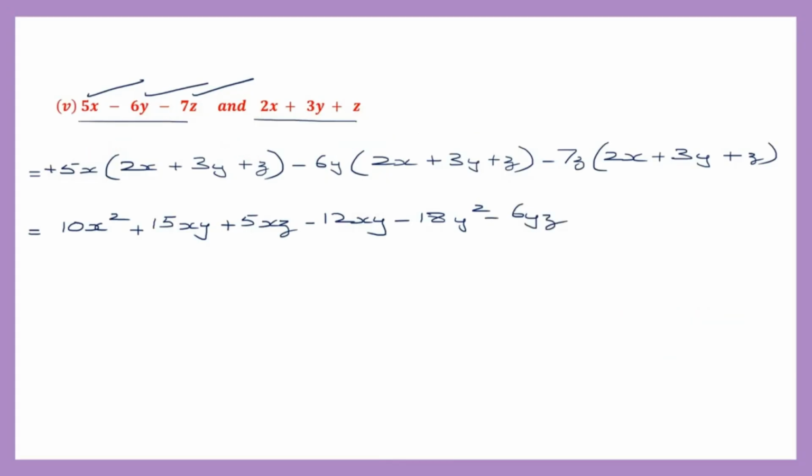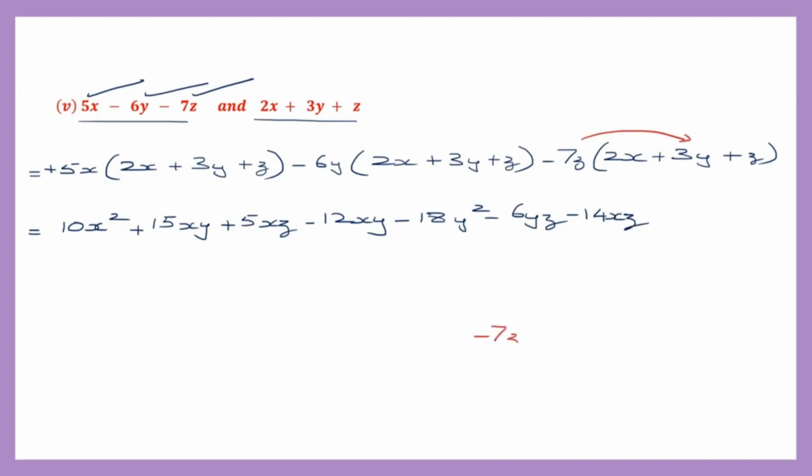Now we go to the third part, minus 7z into 2x. So the sign is minus, the number 7 2's are 14. Z into x is zx or xz. So this is minus 14xz. Now the next one, minus 7z into plus 3y.